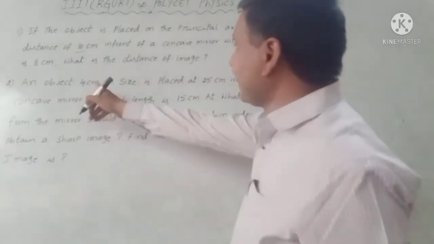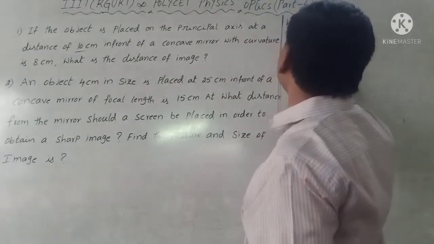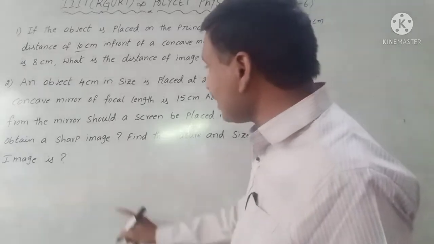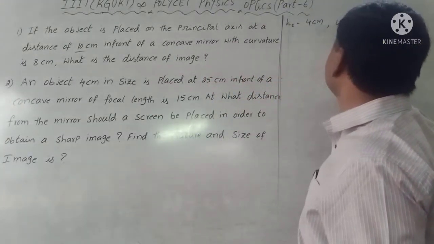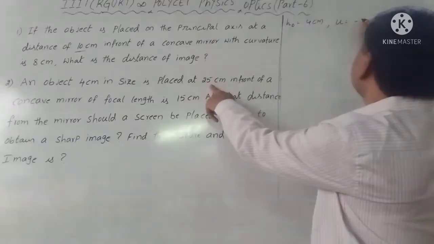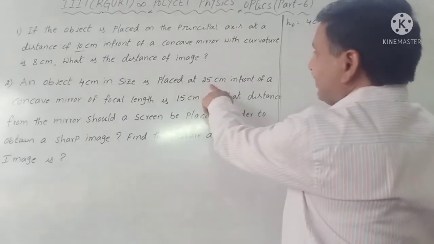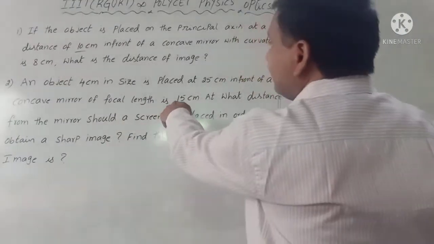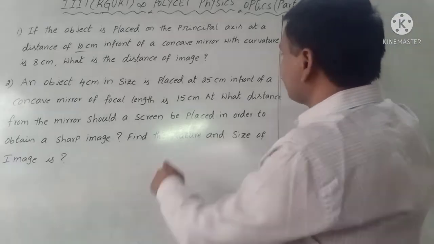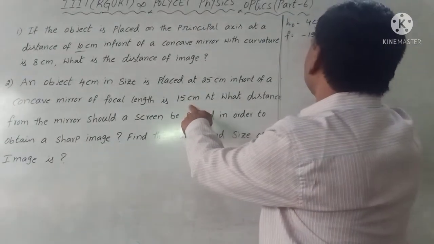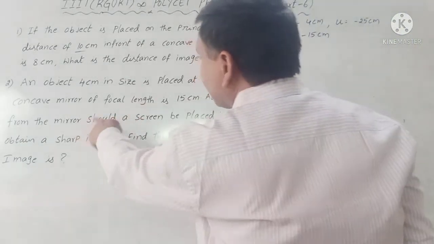First of all, height of object HO is 4 centimeter. Object distance is always taken negative, so U is minus 25 centimeter. Focal length of a concave mirror is always taken negative.